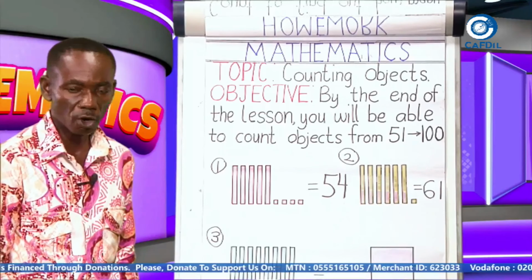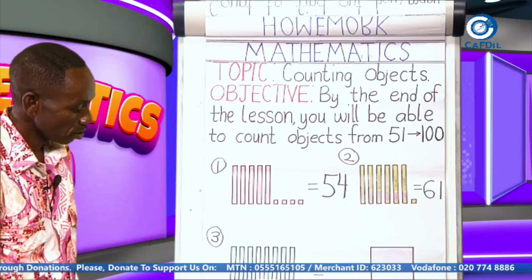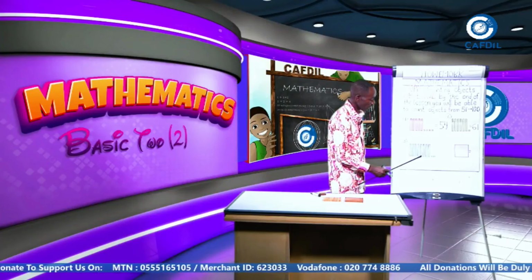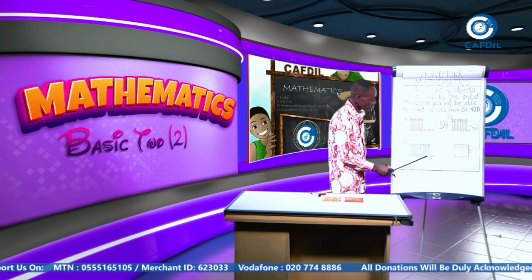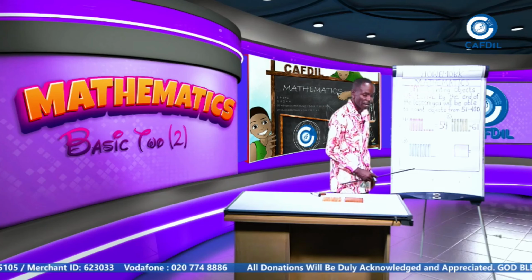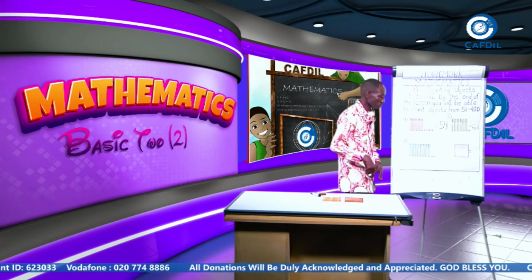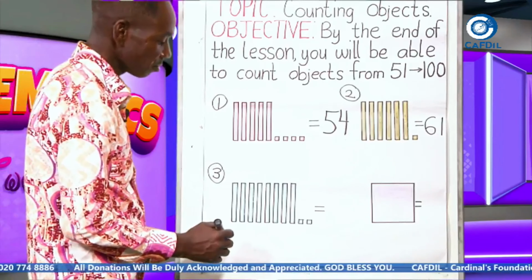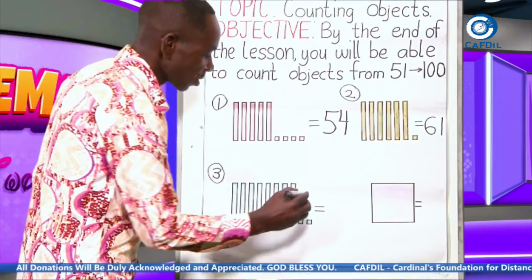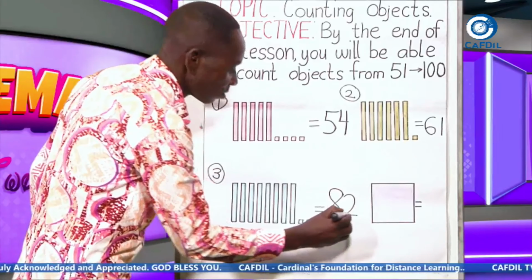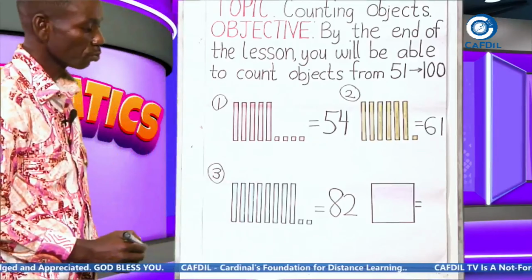Let's count the number of longs. 1, 2, 3, 4, 5, 6, 7, 8. 8 longs and 2 cubes. Learners, what would that be? 82. Well done.